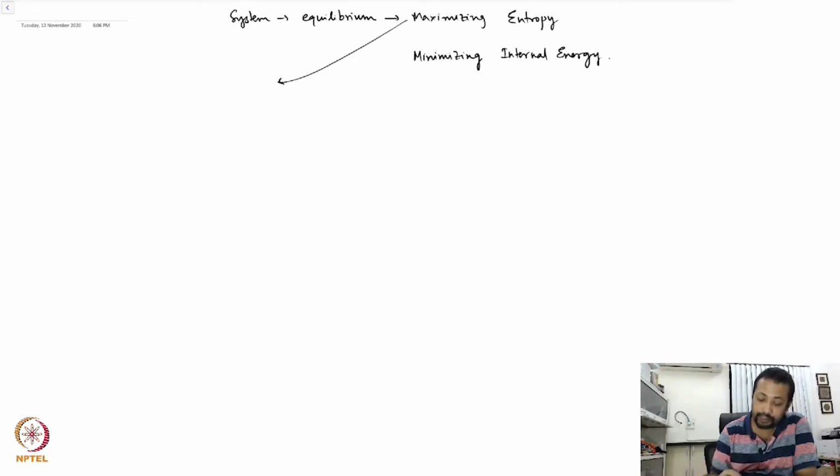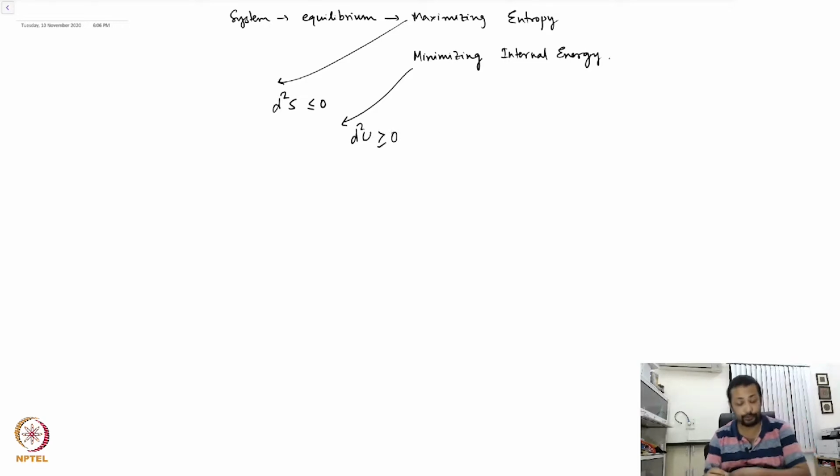Now this we had seen in an earlier lecture would mean that d2S must be less than or equal to 0, and this means that d2U is greater than or equal to 0.